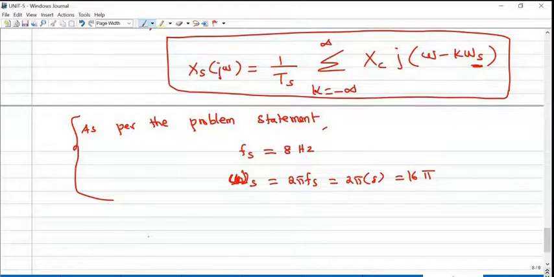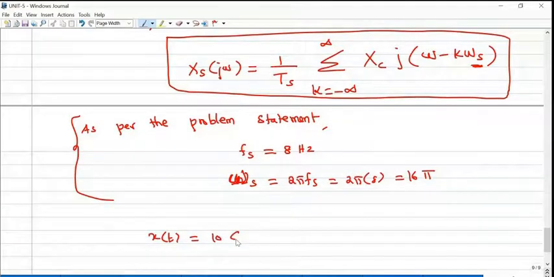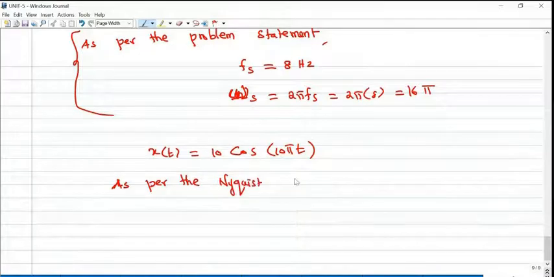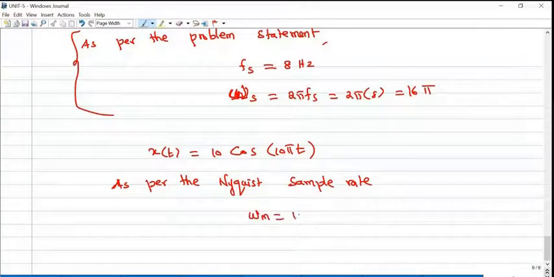Next, x of t equal to 10 cos 10 pi t. As per the Nyquist sample rate, omega m equal to 10 pi.